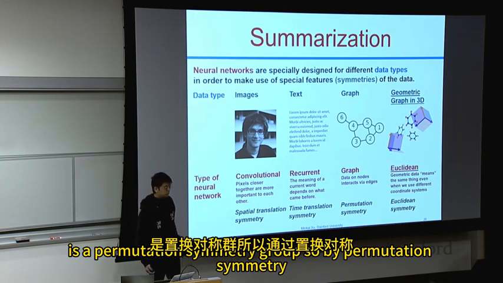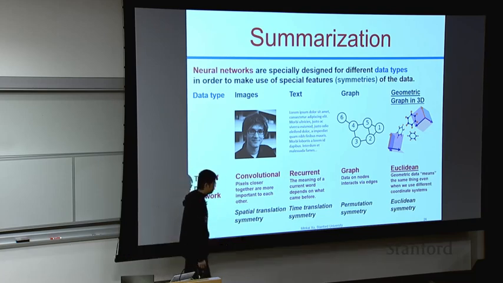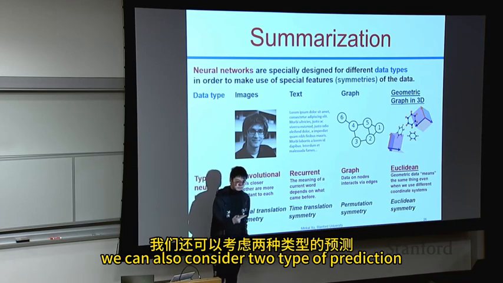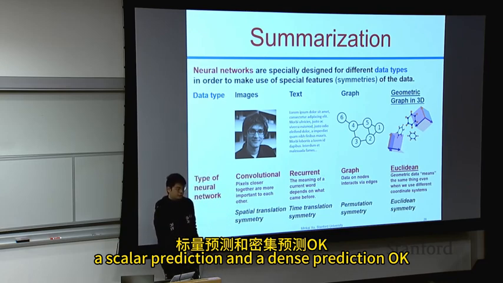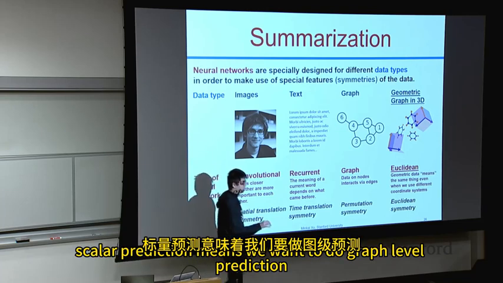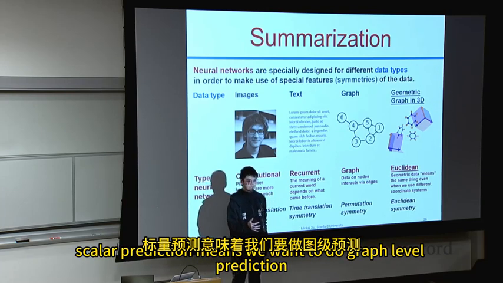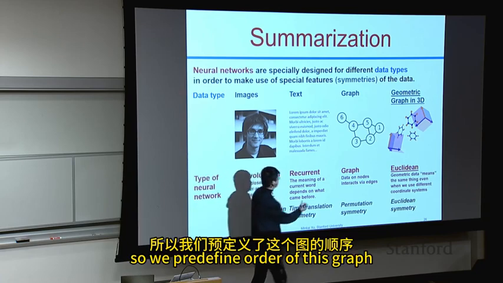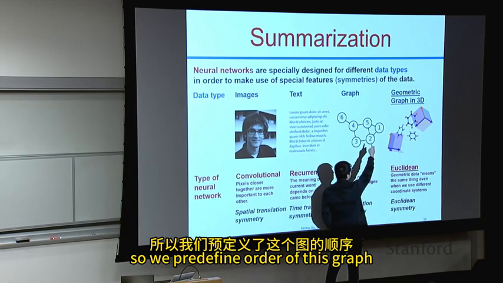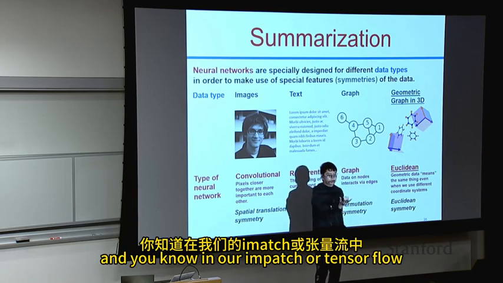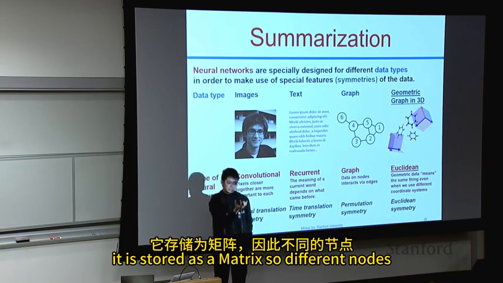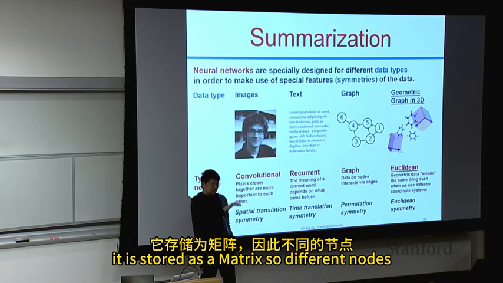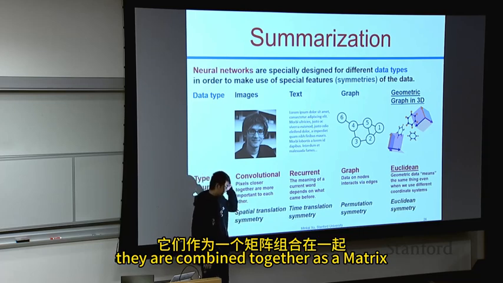With permutation symmetry, we can also consider two types of prediction, scalar prediction and dense prediction. Scalar prediction means graph level prediction. We predefine an order of this graph, and in PyTorch or TensorFlow, it is stored as a matrix. Different nodes are combined together as a matrix.